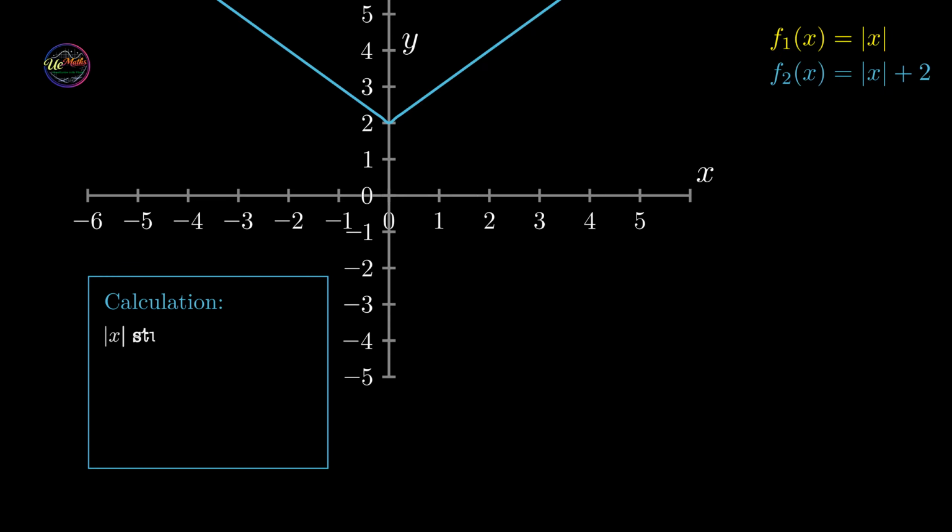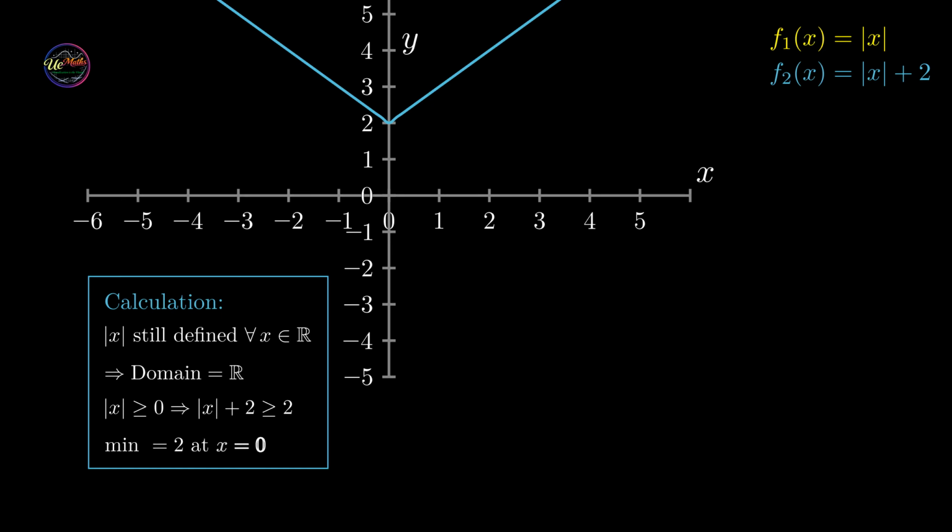The blue curve shows f of x equals the absolute value of x plus 2. Absolute value of x is defined everywhere, because absolute value of x is at least 0. Adding 2 makes the output at least 2. This shifts the whole graph up by 2 units.